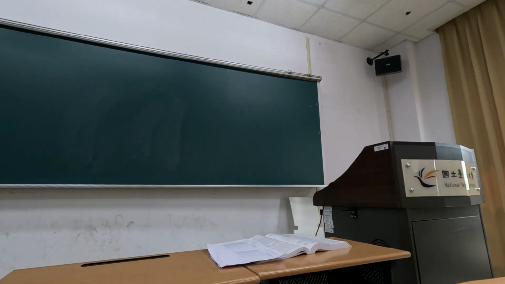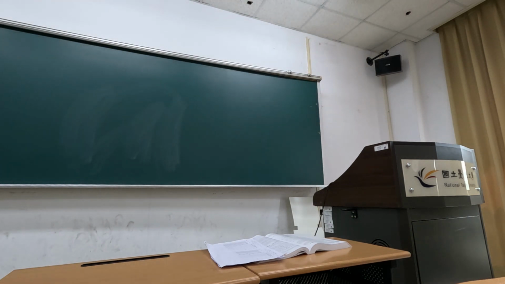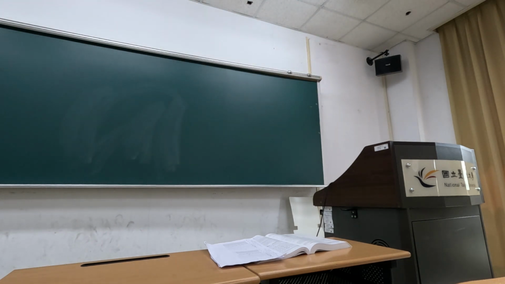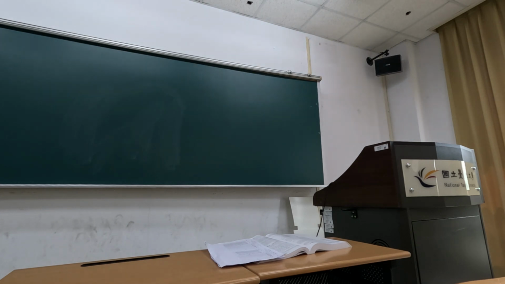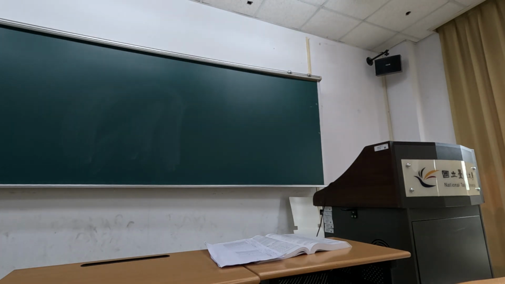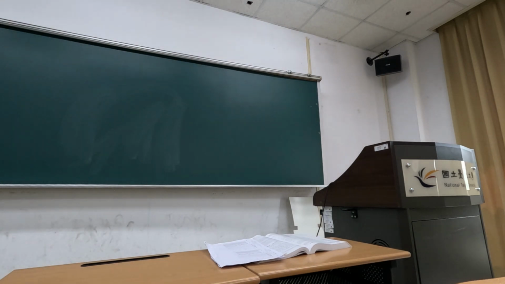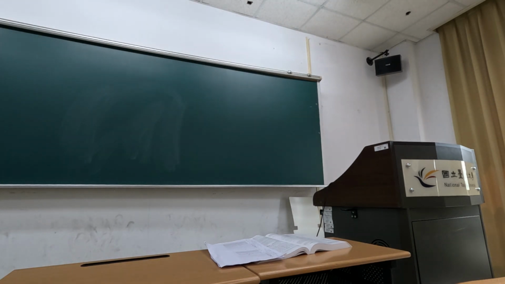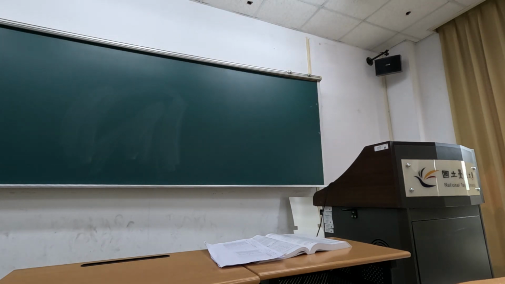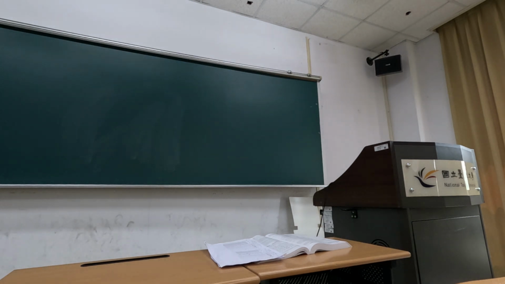So if Word Master is sold, the selling price will be $125. If Data Master is sold, the selling price will be $150. And this one, finance, $225. So this will be the cost per unit.